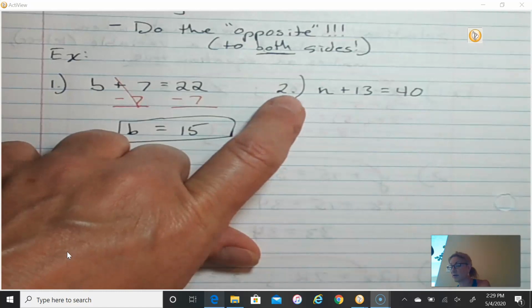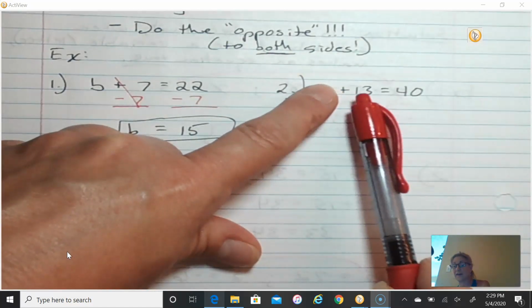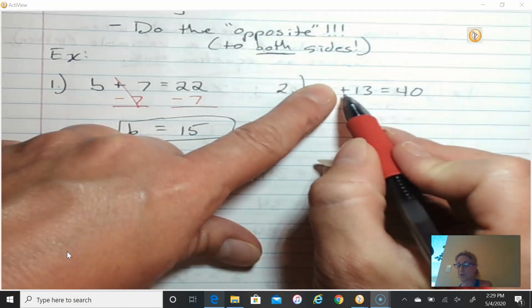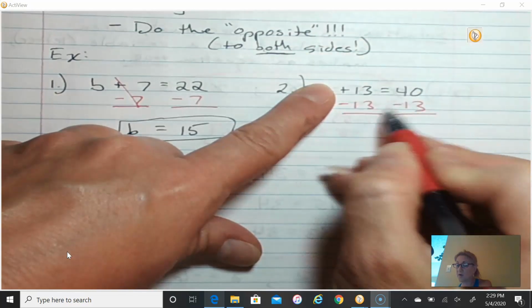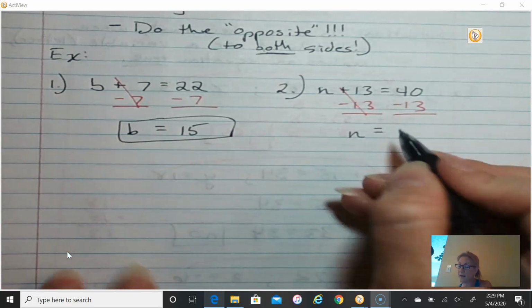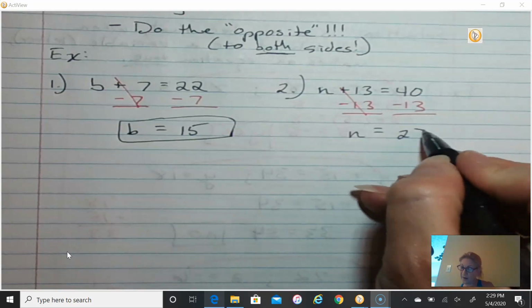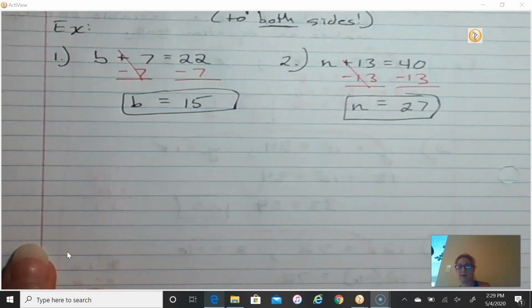So to get the 13-year-old out the door, we do the opposite. If this is plus, the opposite is minus on both sides. That cancels out. Now I have n equals, what is 40 minus 13? 27. So n equals 27. That's how you do it.